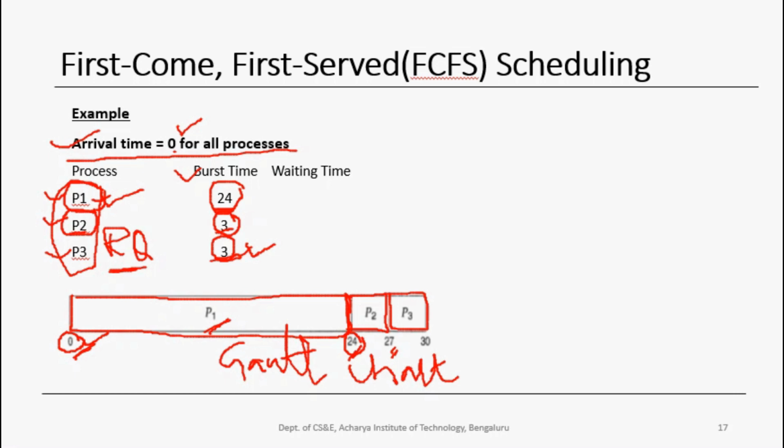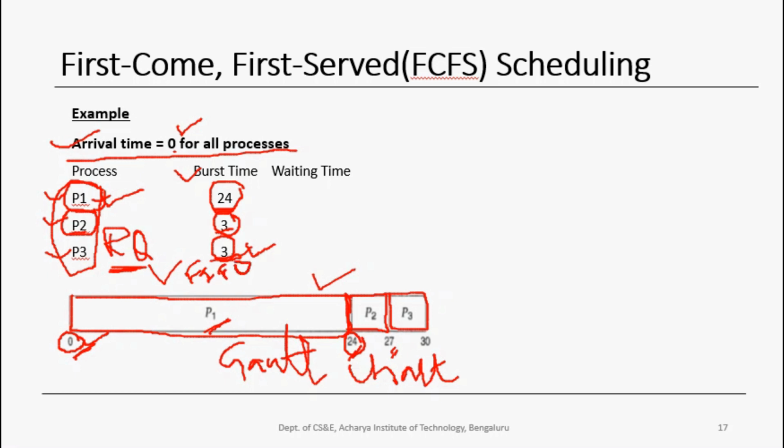Okay, now this Gantt chart clearly tells us how these processes are selected from the ready queue and run. P1, because P1 has made the request for CPU first, and it is at the front of the ready queue, and the ready queue is nothing but a simple FIFO data structure.